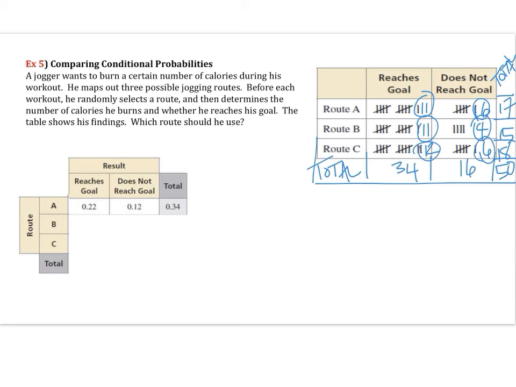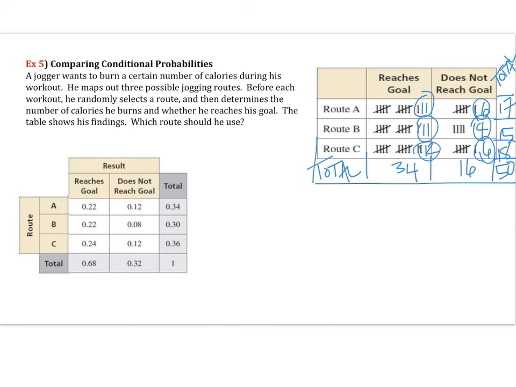And then to get decimal 1.2, you take the 6 divided by 50 to get the decimal 1.2, add up each row, so the total for route A is decimal 3.4. So you fill in the rest of your frequency table with all the values for the joint frequencies and the marginal frequencies.